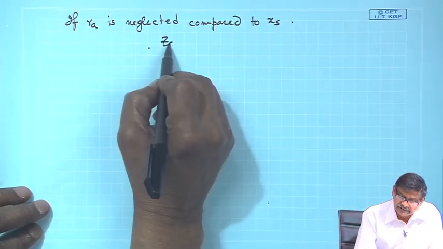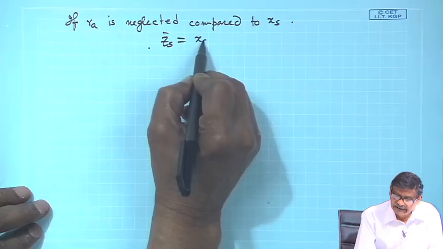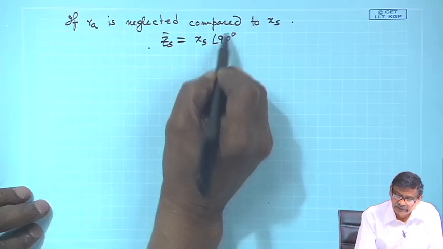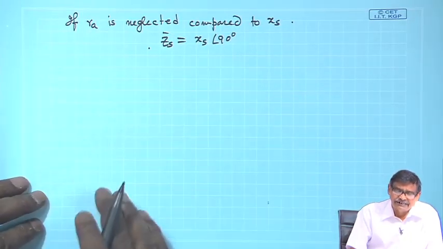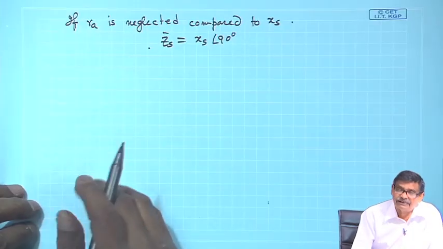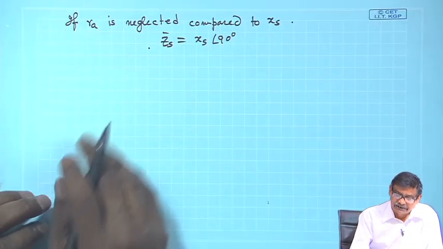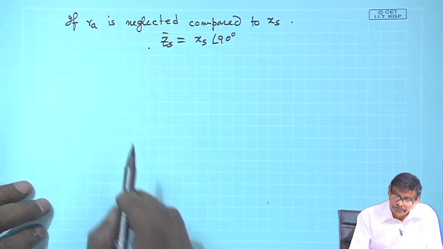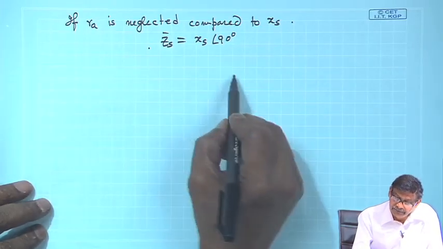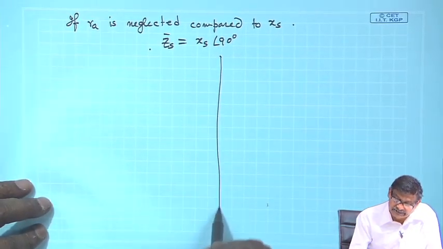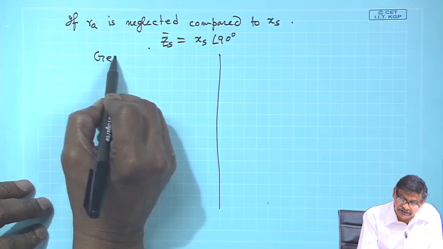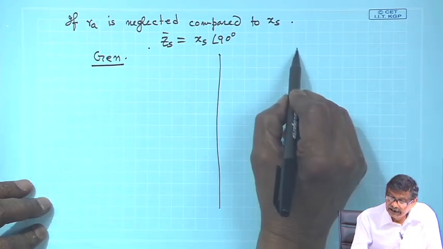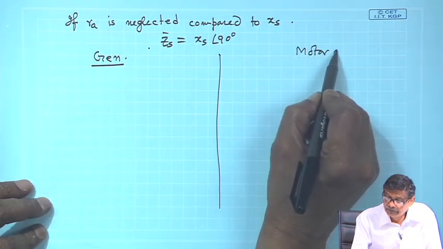Then your Z s becomes just X s angle 90 degree. Under this condition, I will just draw the phasor diagram very quickly. It is a worthwhile exercise to pursue. Suppose I draw it here like this: this side I will draw generator mode, and this side I will draw motor mode.